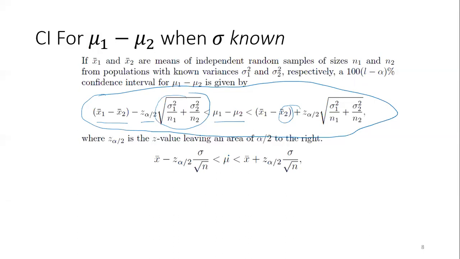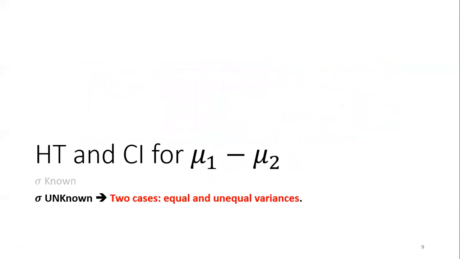Previously, mu is between x bar minus z alpha over 2 times sigma over root n. Now, instead of x bar, I have x1 bar minus x2 bar, and z alpha over 2 is the same. Instead of sigma over root n, I have this variance, sigma 1 squared divided by n1 plus sigma 2 squared divided by n2. In fact, you can write this as sigma squared divided by n and take the square root, and you will see that it is much more similar to the previous one.